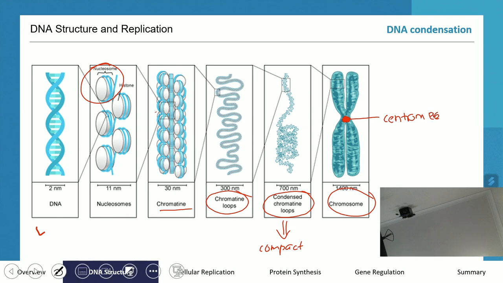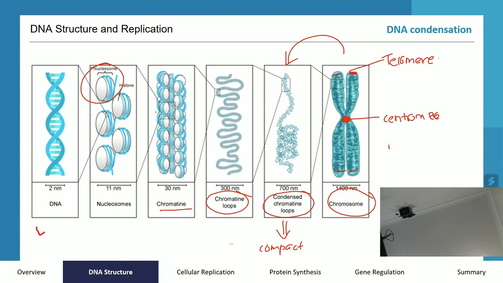And then finally, at the caps of the chromosomes, we have these structures called telomeres. Telomeres are caps that stop the DNA from unwinding back into chromatin, and centromeres are sections of DNA that hold the two chromosomes together but don't actually code for anything.